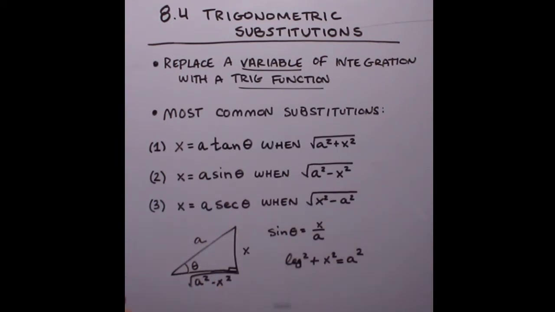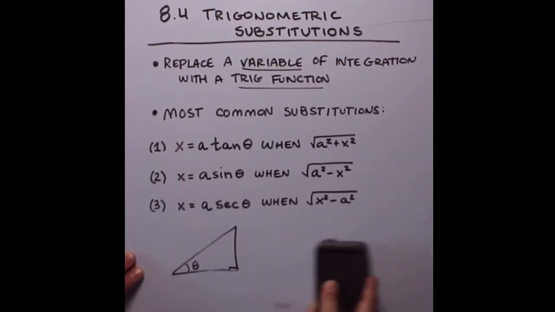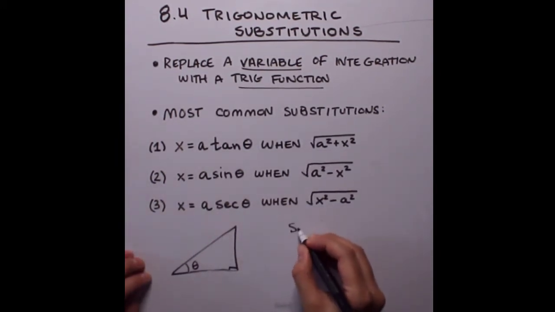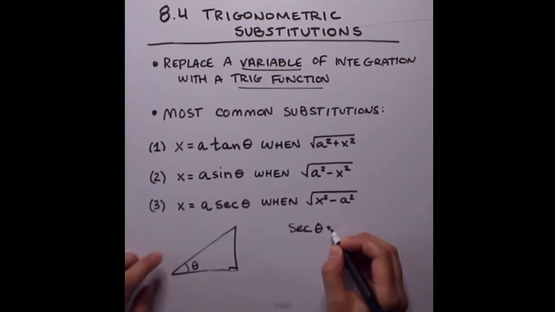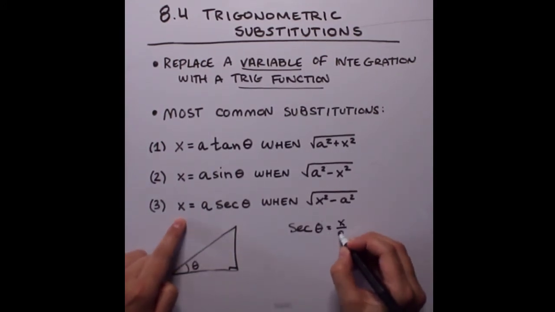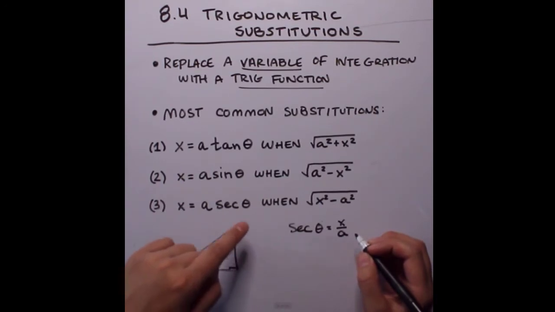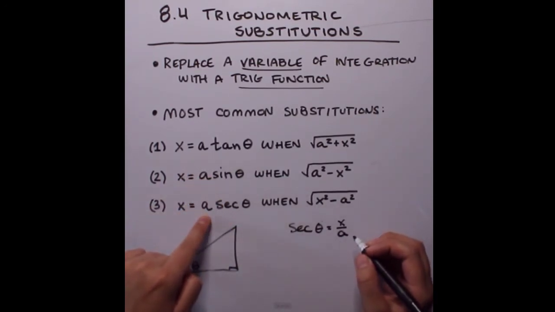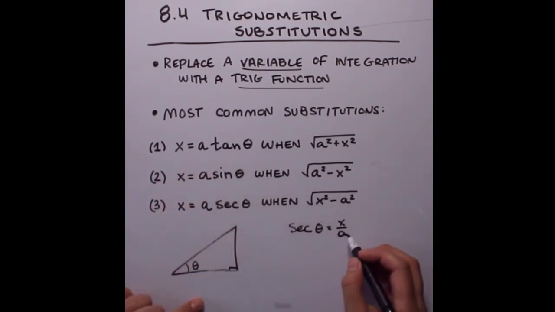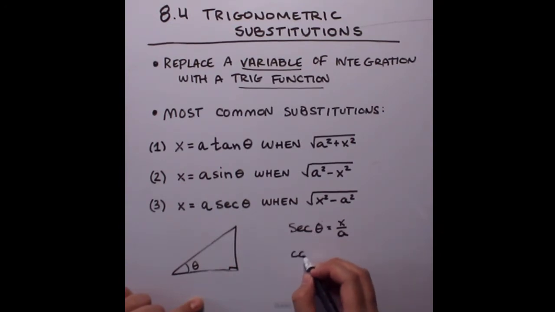And for the last one here, secant theta, same process we've been looking at. If you solve for it, we know that it's x over a. So all of these, notice, our trig function always equaled x over a if you just divide out a. And so secant, if this helps you, rewrite it in terms of cosine. Secant is the reciprocal of cosine, so that means cosine theta is a over x.